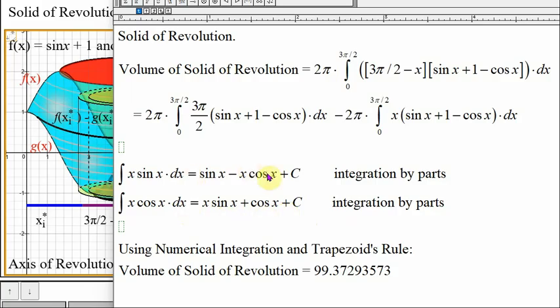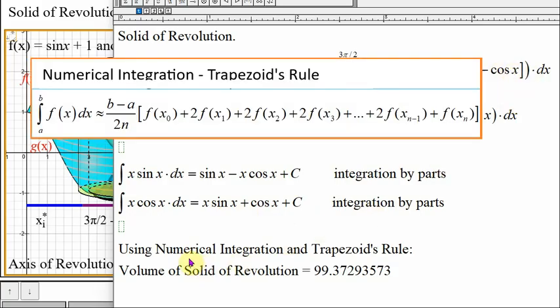If we do integration by parts here, this is going to take at least 10 to 15 minutes. So for this integral, we could also use a numerical integration like the trapezoid rule, and it will give us 99.3729.